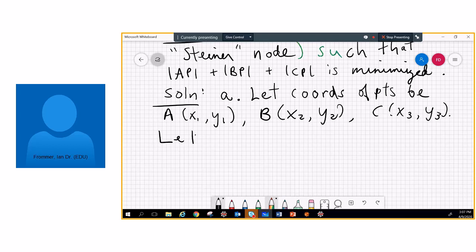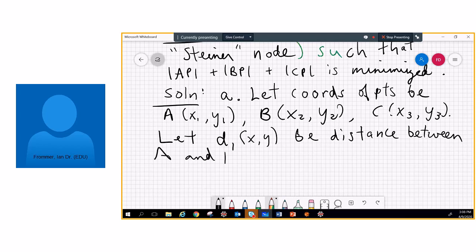All right, now this is going to be important. This next symbol, I'm going to let D1. These are going to be really important. D1 is going to be a function of x and y. It's simply going to be the distance between A and P. So I don't want to throw you off too much by scrolling back up, but you remember the picture looked like this.